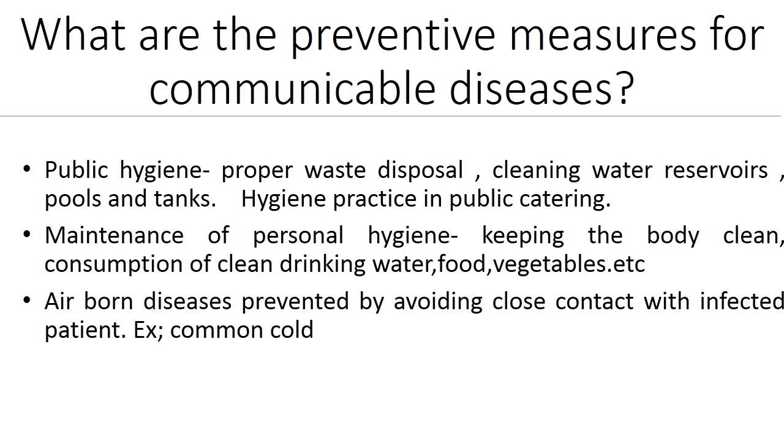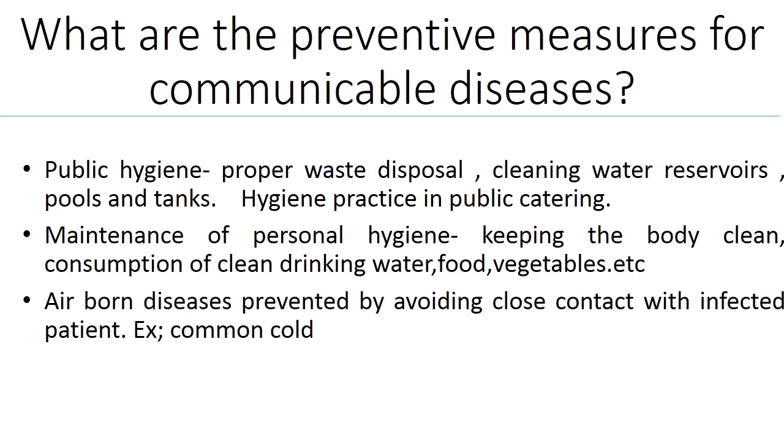Then one more thing is, some of the disorders are airborne. For example, pneumonia and common cold are airborne diseases. That means the pathogen is easily carried through air. So in such cases, close contact with the infected person should be avoided. Like how we prevented the corona disease, in the same way we should take preventive measures for pneumonia and common cold.